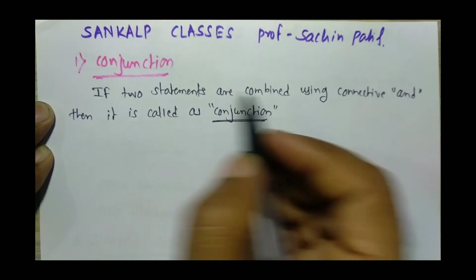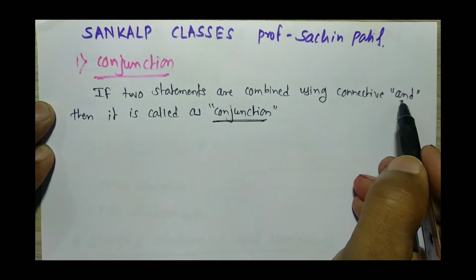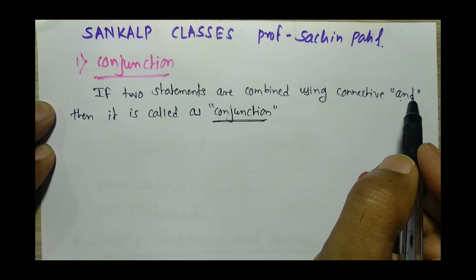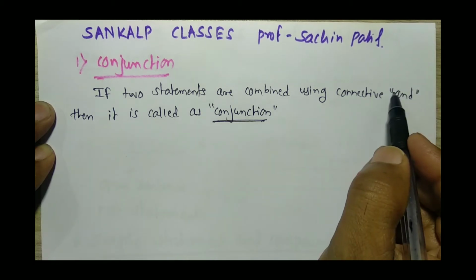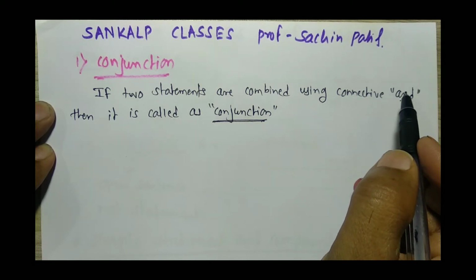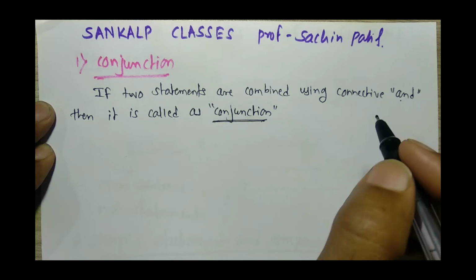What does it mean? If two statements are connected by using "and" as a logical connective, that means this word works as a logical connective between two statements. At that time, this is called a conjunction.